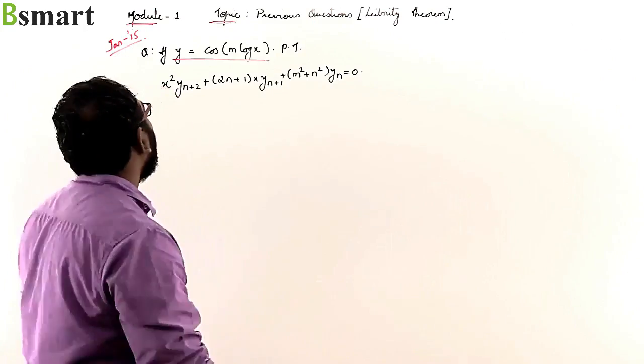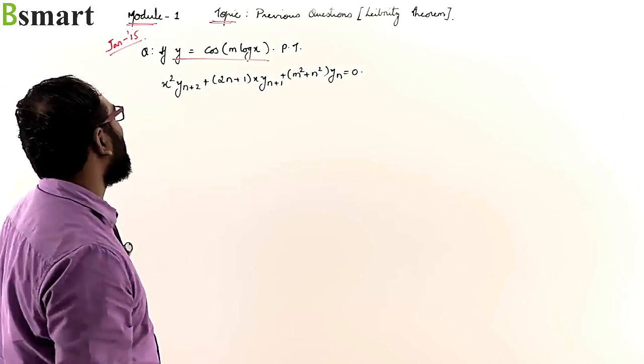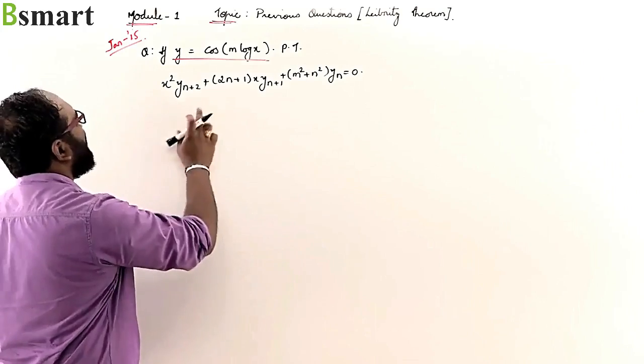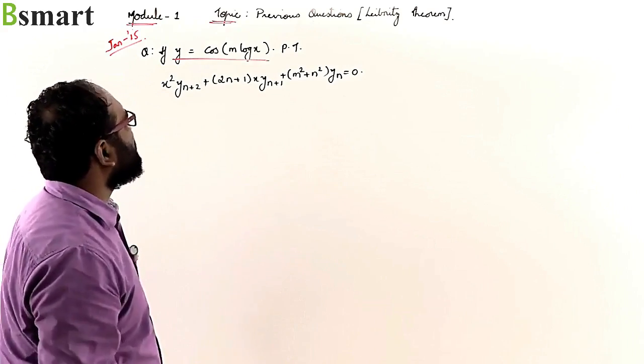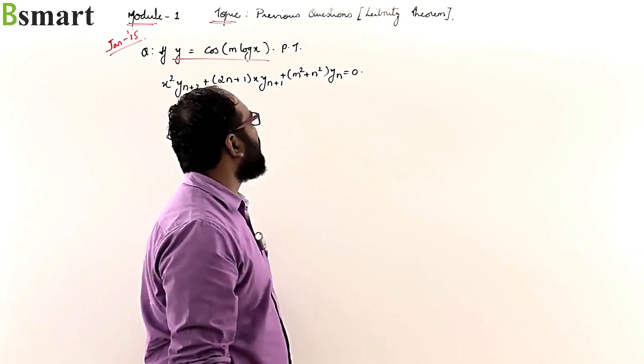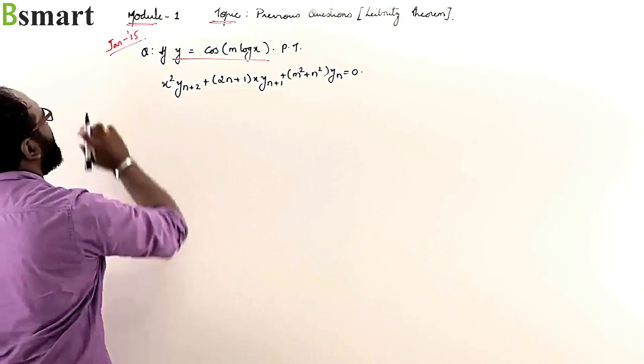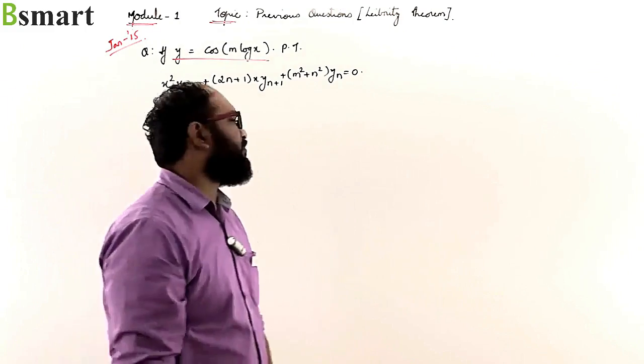Now consider y is equal to cos of (m log x), and he is asking us to prove that x square yn plus 2 plus (2n plus 1) into x yn plus 1 plus n square into yn is equal to 0. And this question was asked in the year January 2015.